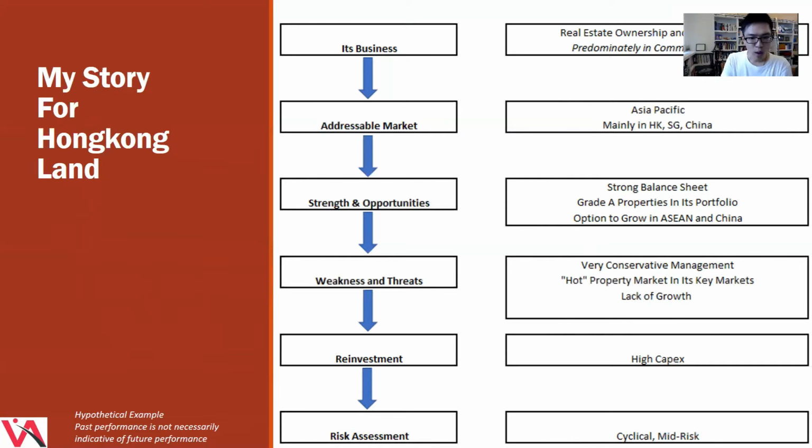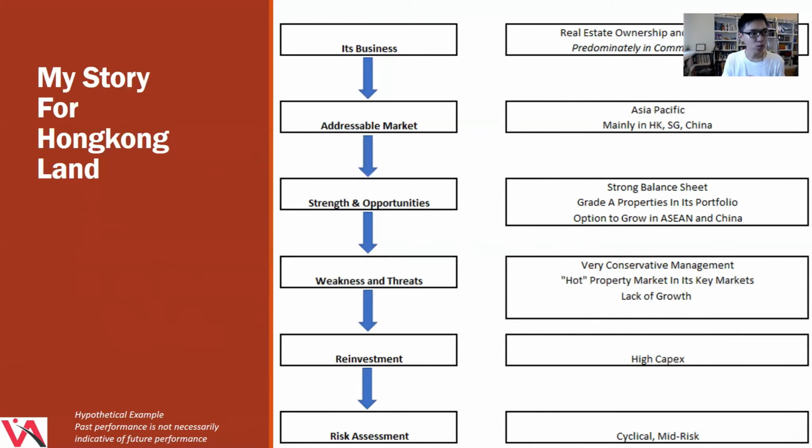And lastly, after we concluded all the above 5 questions, we have to make a subjective judgment on how risky is this company in terms of its business risk, right? I'm not talking about how volatile the stock is, but rather as a business, if we would want to buy it as a private business, how risky is this business at the fundamental level, right?